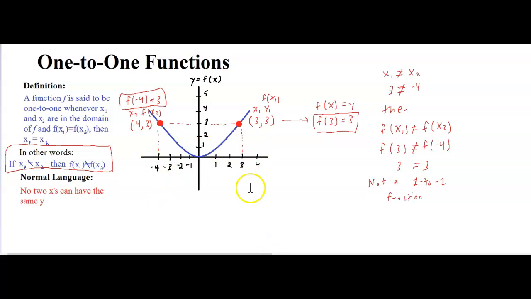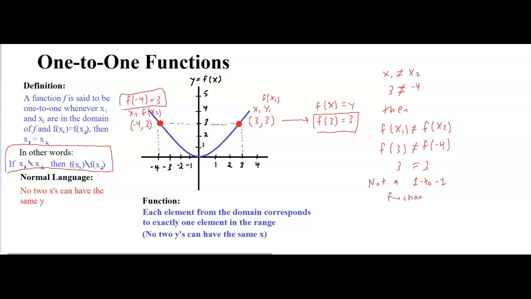And this is a function, so if we look back to the definition of a function, each element from the domain corresponds to exactly one element in the range. A one-to-one function is also saying that no two y's can have the same x. So every x only has one y, and every y only has one x. Hence the name one-to-one, one x for every y.